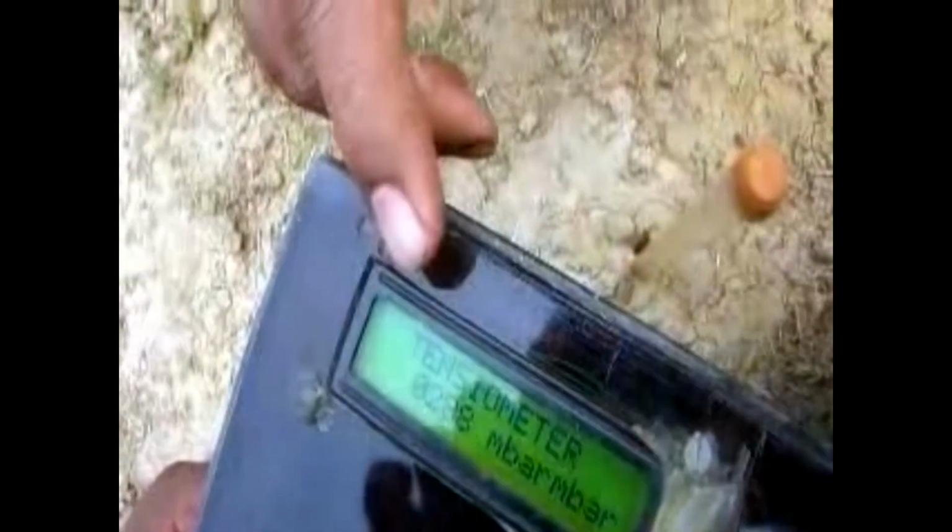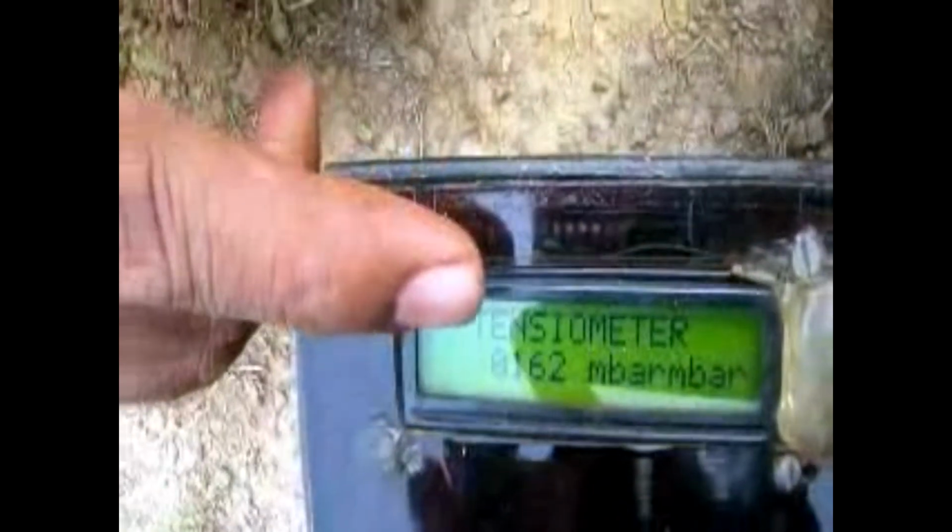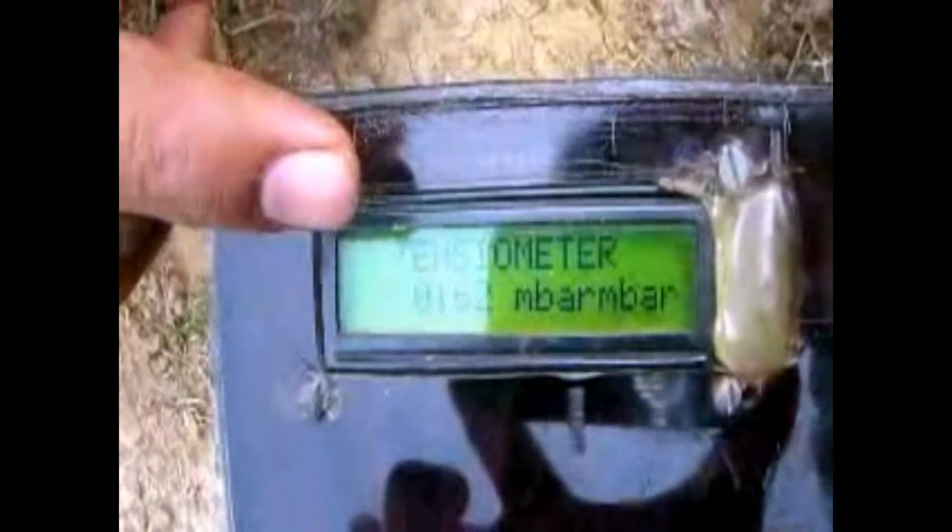It is finally 288 millibar at 45 centimeter depth. At 60 centimeter depth, it is 162 millibar, so about 163 millibar at 60 centimeter.